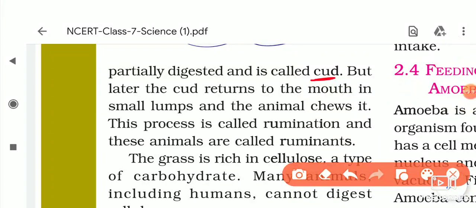But later the cud returns to the mouth, in small lumps, and the animal chews it again. This process is called rumination, and these animals are called ruminants. Why are they called ruminants? Because the rumination process takes place in these grass eating animals.